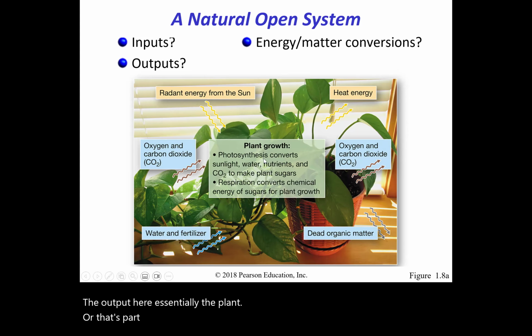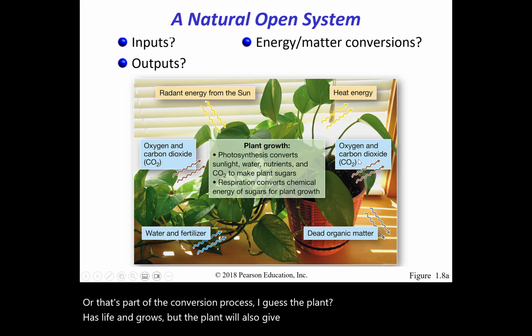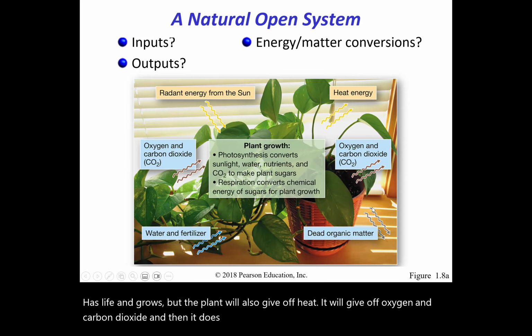And so the output here, essentially, the plant can live, or that's part of the conversion process, I guess. The plant has life and grows, but the plant will also give off heat. It will give off oxygen and carbon dioxide, and then it does produce dead organic matter as the leaves grow and fall off.